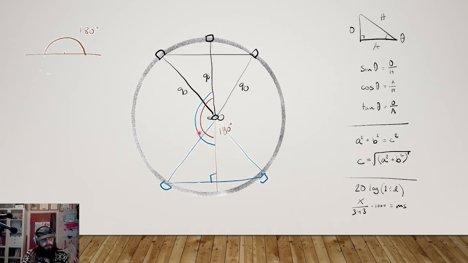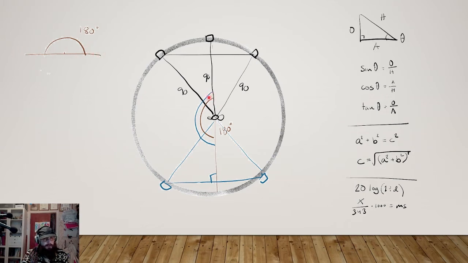Moving on, starting with the rear speakers. I said we were talking about 150 degrees. Now a full circle is 360 degrees. A half circle is 180 degrees, which means a straight line here.